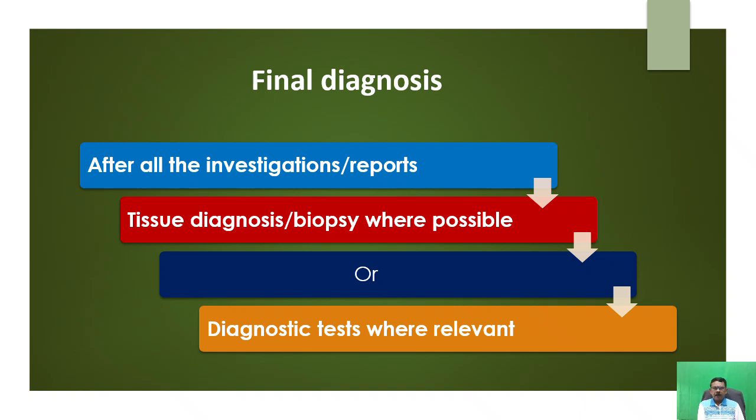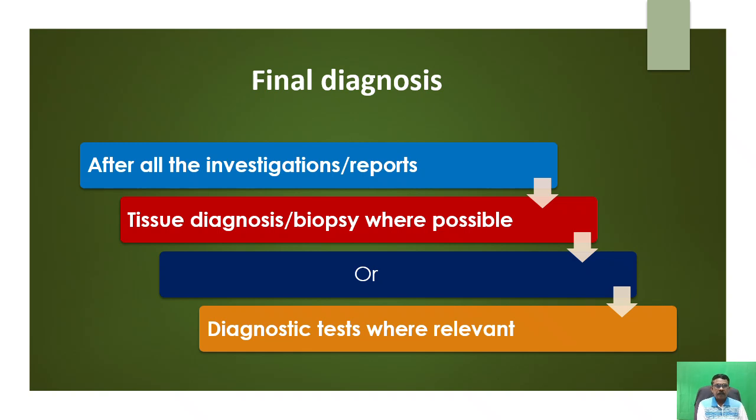Having done investigations, you then come to the final diagnosis. The final diagnosis is only made after all the investigations and reports have been reviewed by you personally. And if necessary, you may proceed to a true tissue diagnosis, like a biopsy, which I mentioned just now, wherever possible.